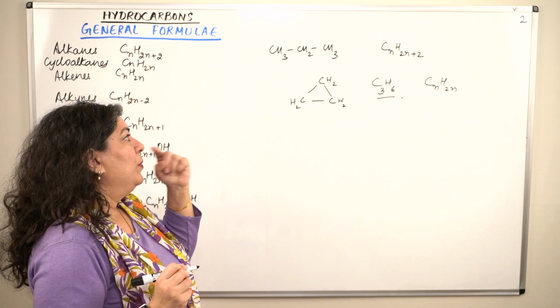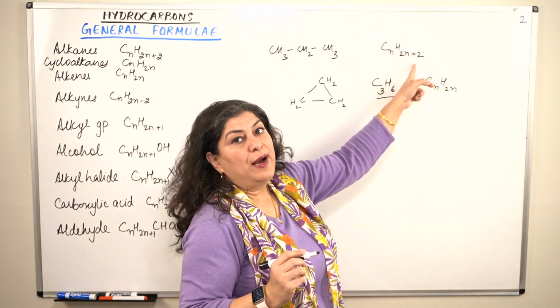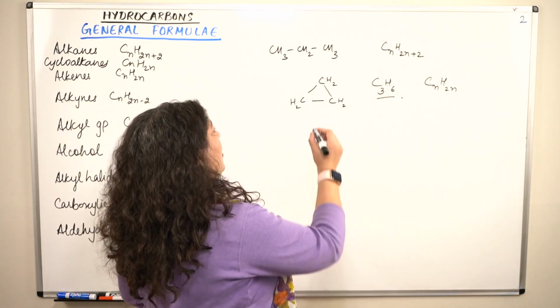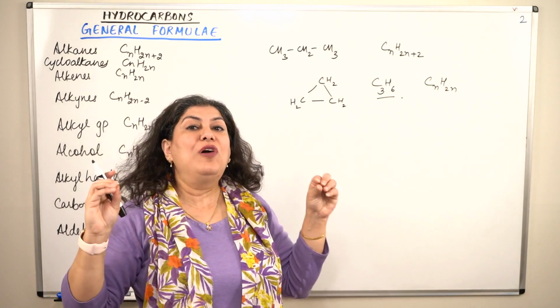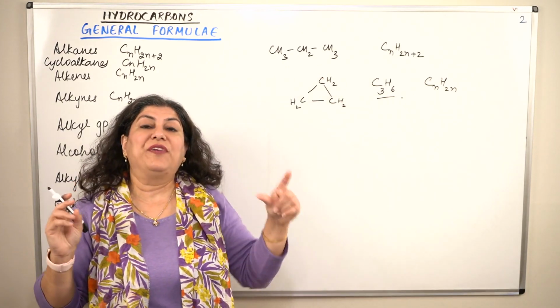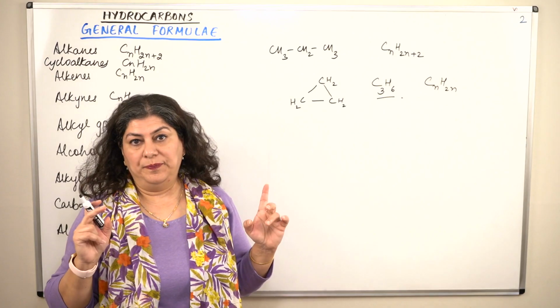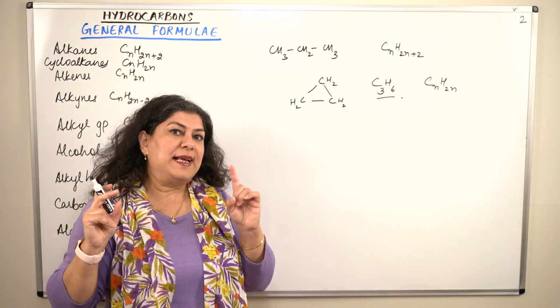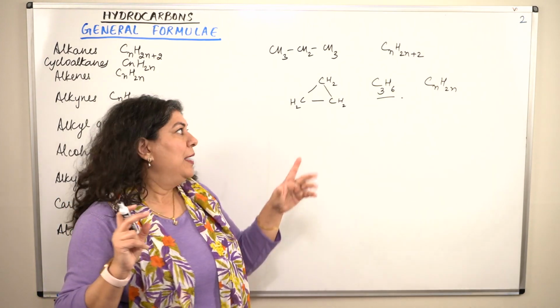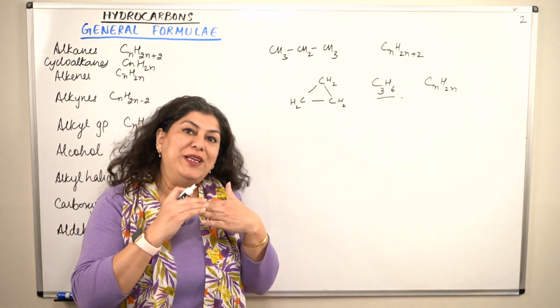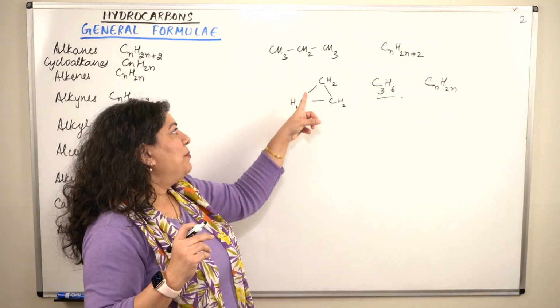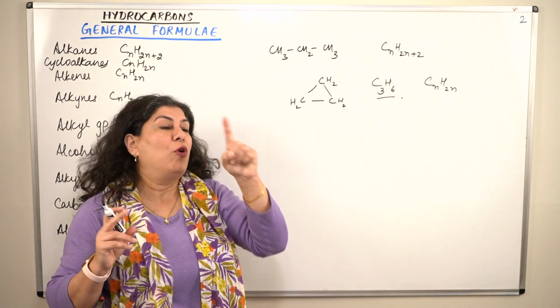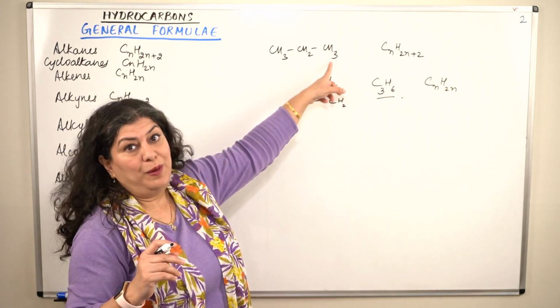And why is it so? Why are the additional 2 hydrogens not there? Because the role of every hydrogen is to satisfy one valency of carbon. Every hydrogen is satisfying one valency of carbon. But if both the carbons are joined with each other, that is the place where the 2 hydrogens should have been, on the first carbon and the third carbon.